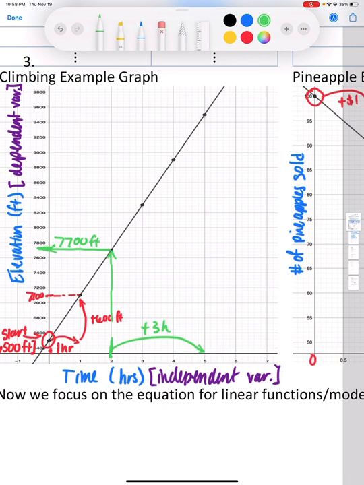For 3 hours later, we can go up to the curve here, hit that, and go over this way. And we're at 9,500.